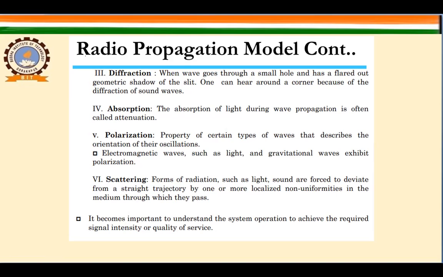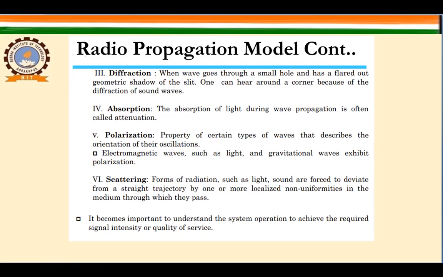Only this 180-degree polarization has different types of phases. The multiple components of waves have similar amplitudes, but they differ in phase. Electromagnetic waves such as light and gravitational waves exhibit polarization.